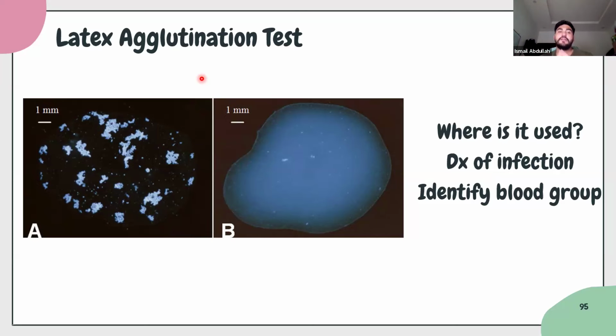If they bind, this will form agglutination right here. So you can see this is negative, this is positive. Usually, this is used in clinics for rapid analysis to identify what blood group you are, or sometimes certain infections, certain antibodies they want to test. So this is effective, very fast, and very convenient.